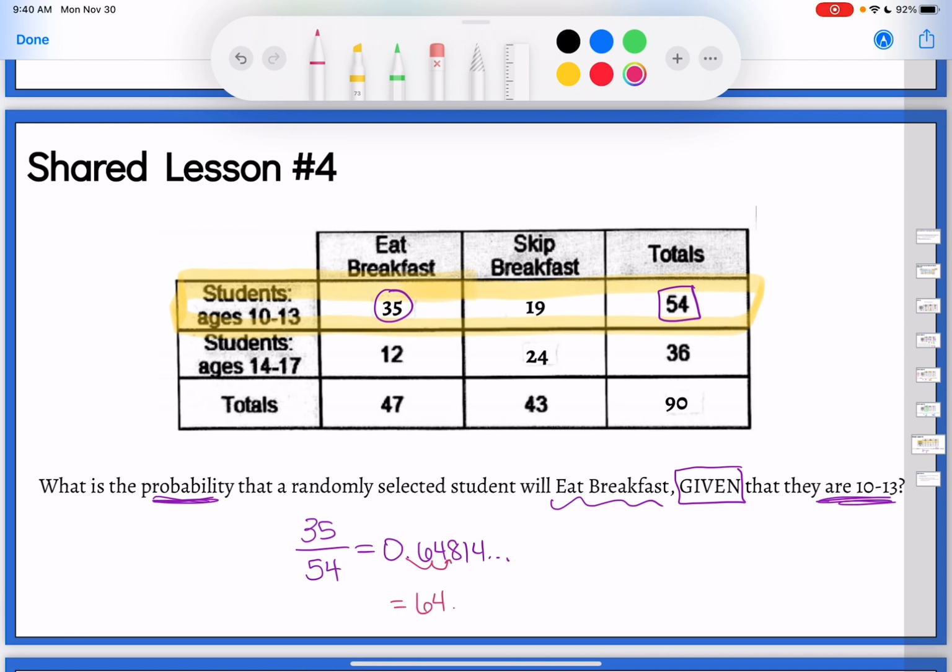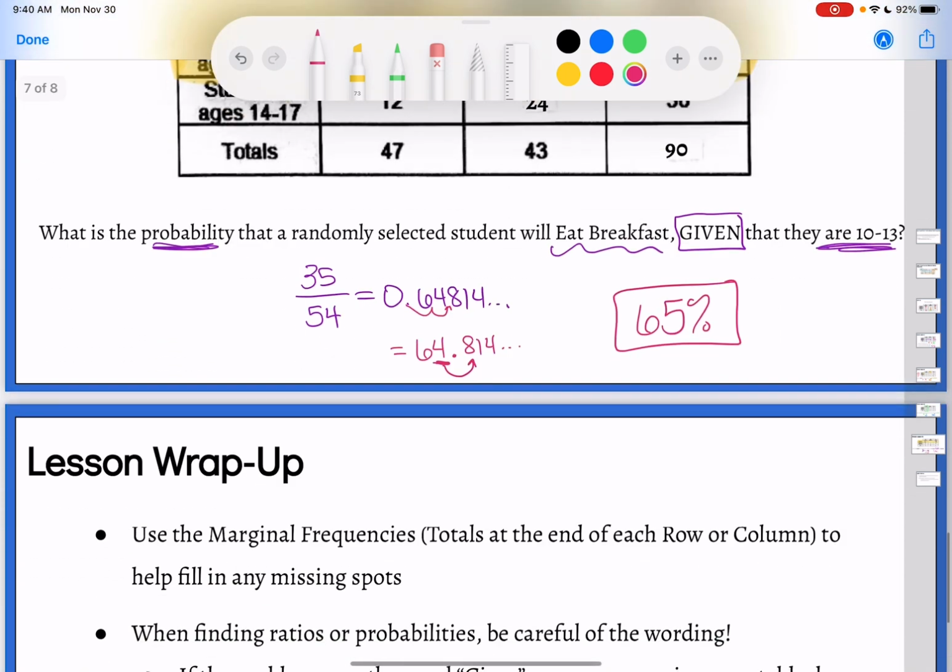I get 64.814... This 4 for my 64% looks at the 0.8 there, and that tells it to round up to 65%. So 65% of my students who are age 10 to 13 are eating breakfast. More eat breakfast than don't eat breakfast. You can use that to analyze the data a little bit more.